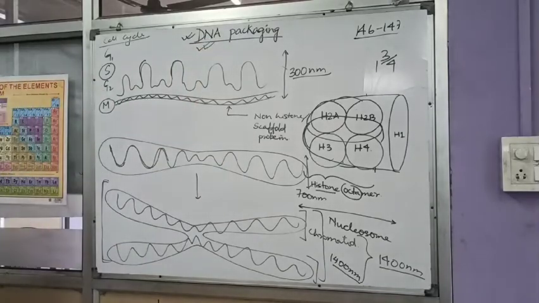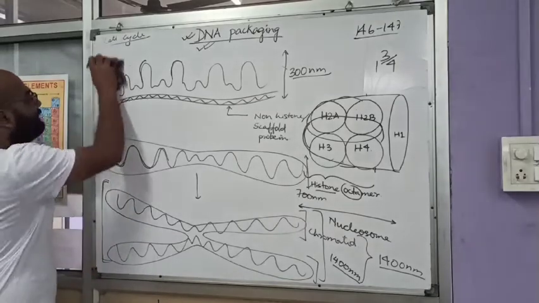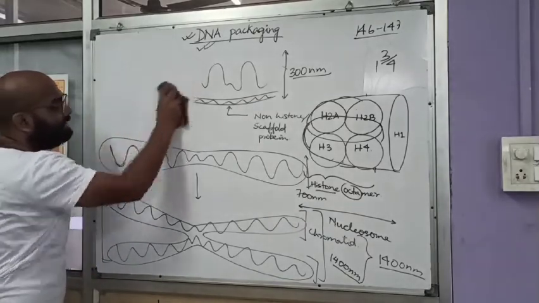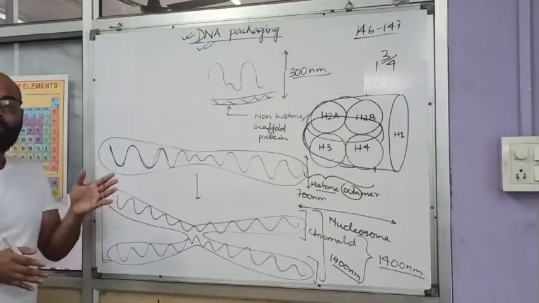So what is the need of this packaging? You again have to go back to your first year knowledge that when the cell has to divide, each new cell has to get the same copy from the parent cell.